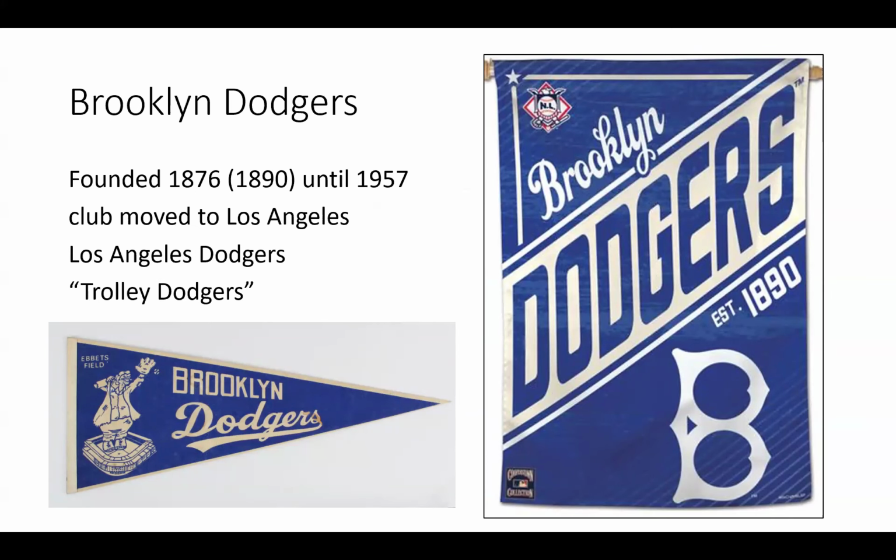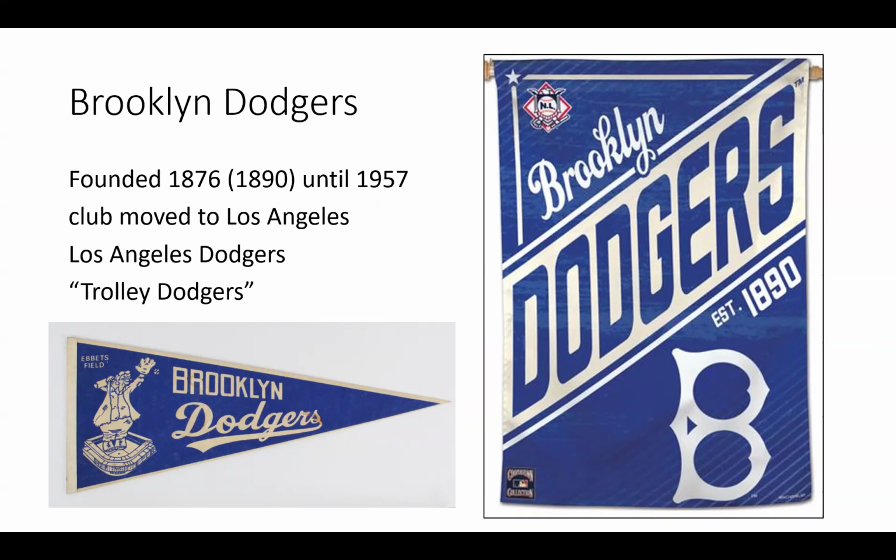The Brooklyn Dodgers developed its own reputation in sports, founded 1876, but then became known as the Dodgers by 1890, and they left New York and Brooklyn in 1957.